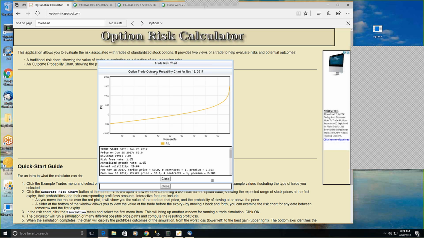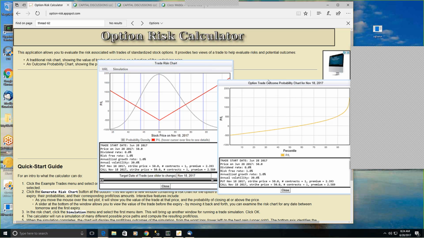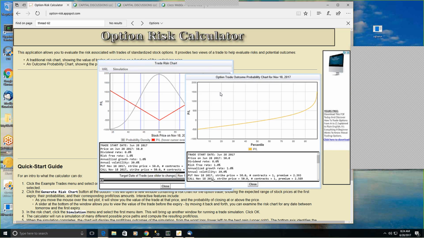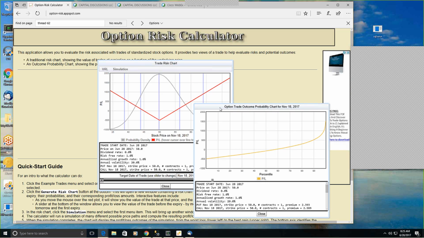This view of the trade, again, it's showing the same information here, but by laying it out as profit loss versus probability of success, you can understand what's in the tails, you can understand what's in the middle by looking at this probability of the outcome.